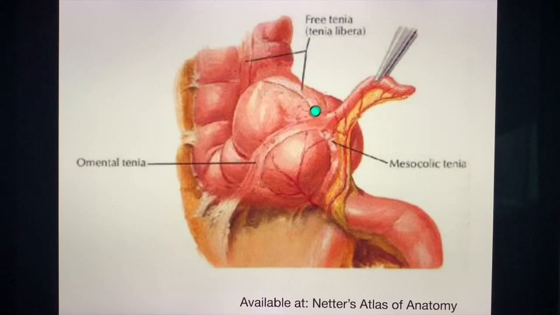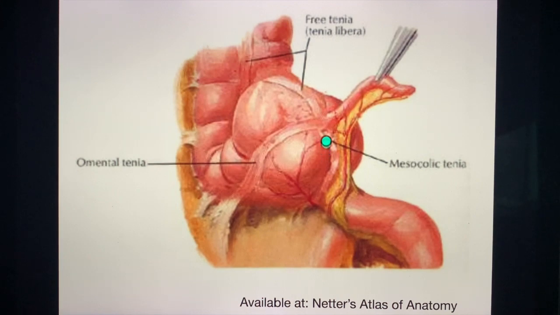So you have here the taenia coli, omental, and the taenia libera. The third taenia is not seen in this view. However, oh, here it is, the mesocolic taenia. So omental taenia, and down here, if you zoom in, this is your mesocolic.